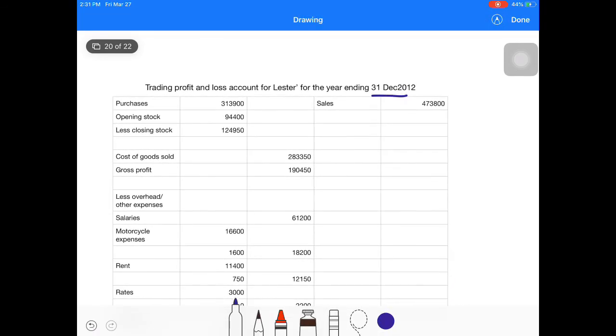You can see sales this side and purchase opening stock less closing stock. We get the total cost of goods sold. From that, if we deduct this amount from sales, we get the gross profit.